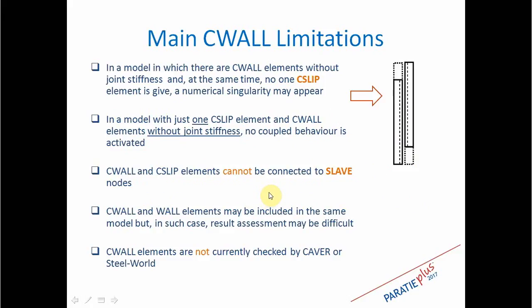Finally, there are of course some limitations in this element due to the formulation of the element. If in a model you consider CWALL element without any joint stiffness and you don't restrain at least one level with a slip-resisting boundary condition, the model has an internal instability. So you may have a zero pivot in the analysis, but of course this is a situation that is quite theoretical.